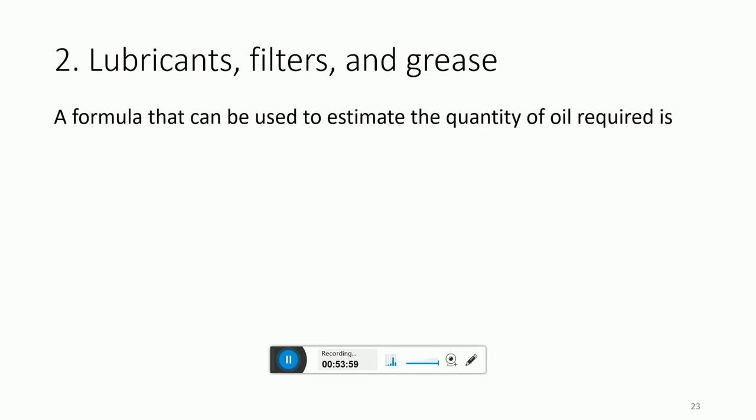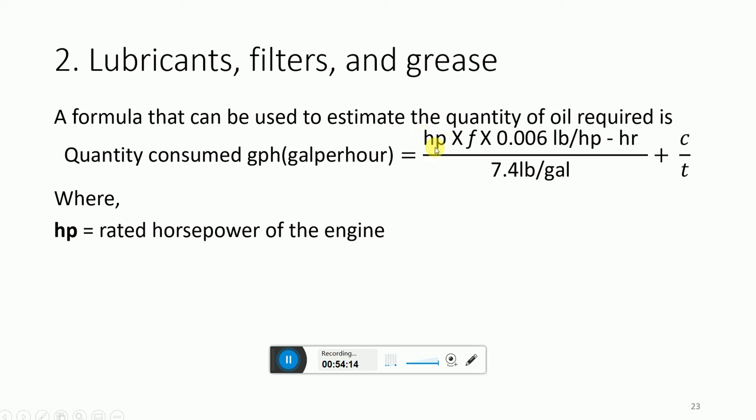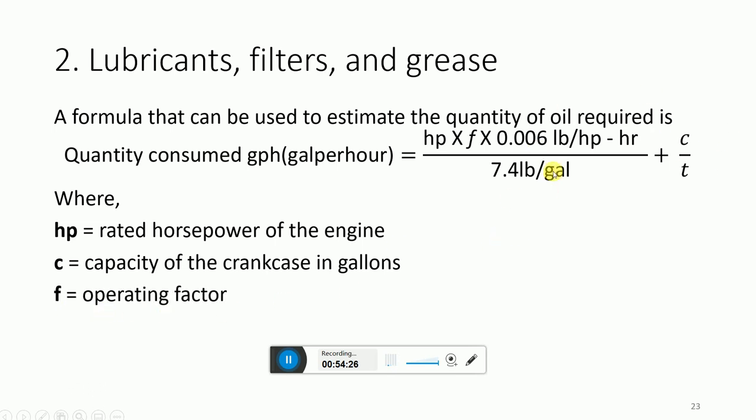A formula can be used to estimate the quantity of oil. So this formula on your screen can be used. Here HP is the rated horsepower of the engine, what type of engine it has. C is the capacity of the crankcase in gallons. F is the operating factor.